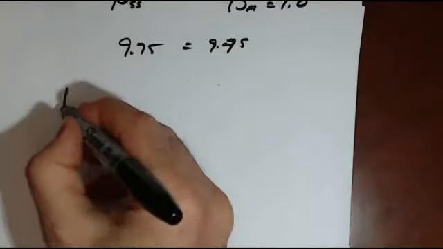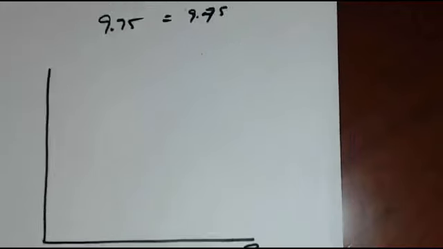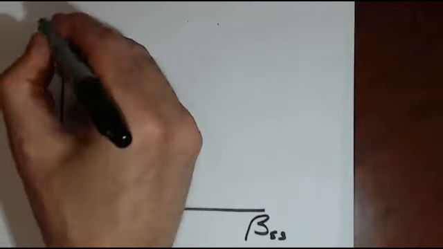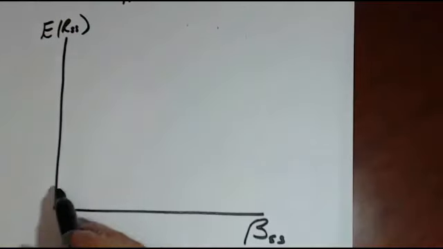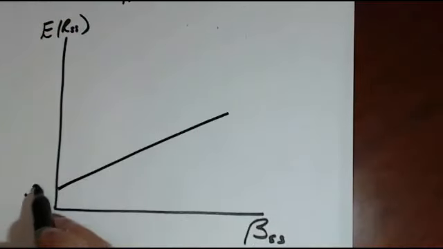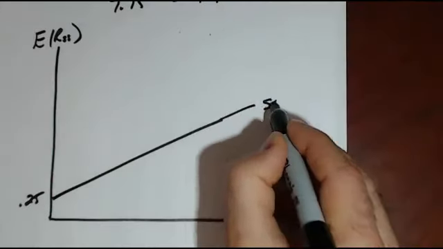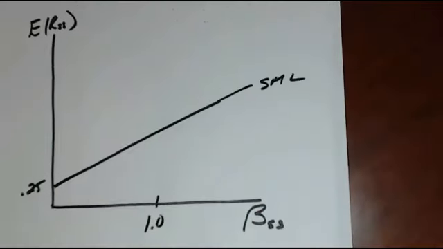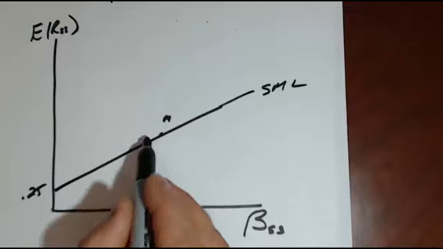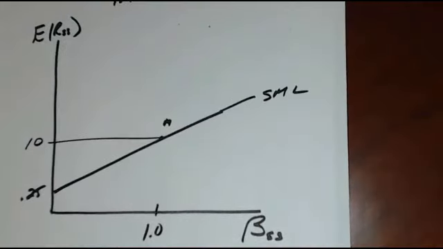So what does the line look like? Here we have beta of Shake Shack, and here's the expected return. We've got a 0.25% risk-free rate, so there's the intercept. This is the security market line. Beta of 1.0 is the market, M, and that's got to be 10% according to what I gave you in the problem.